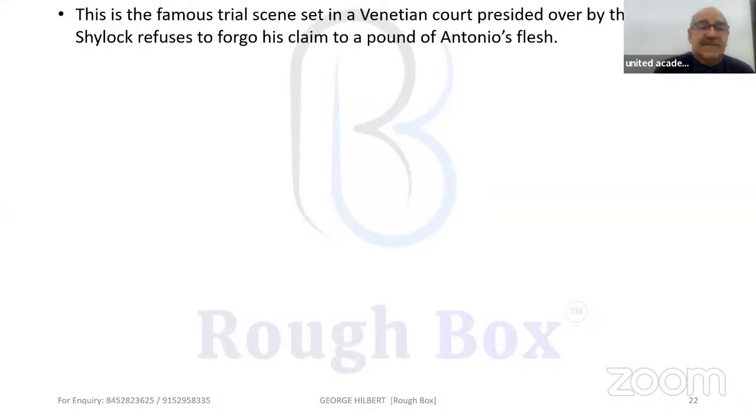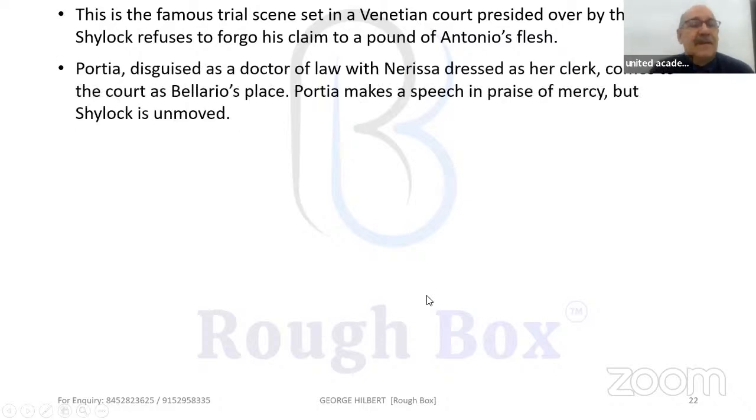Right. This is the famous trial scene set in a Venetian court presided by the Duke. Shylock refuses to forego his claim of a pound of Antonio's flesh. He demands that he wants it.